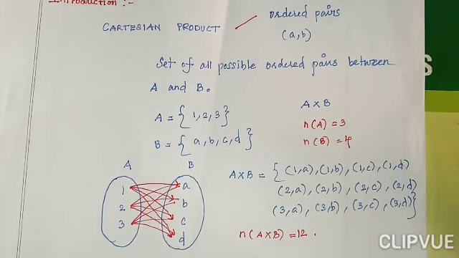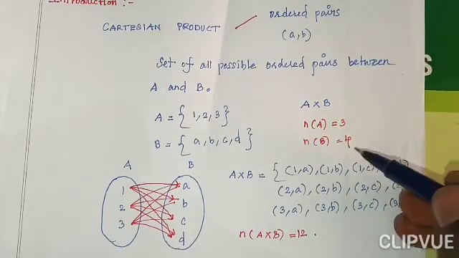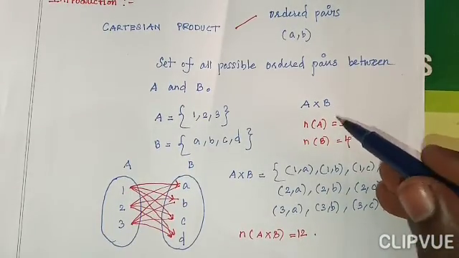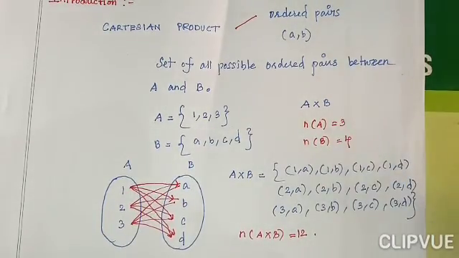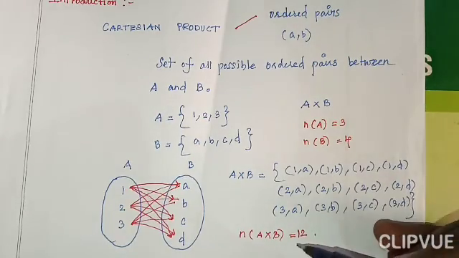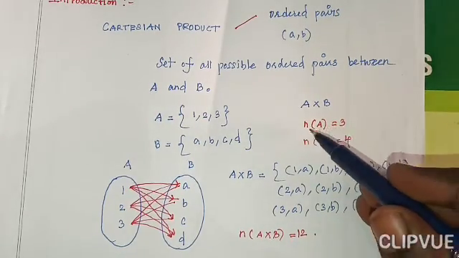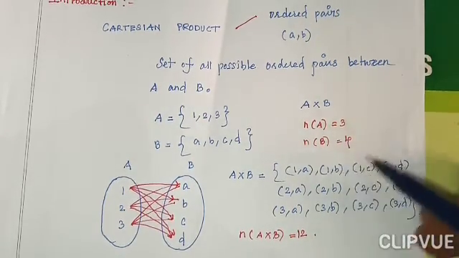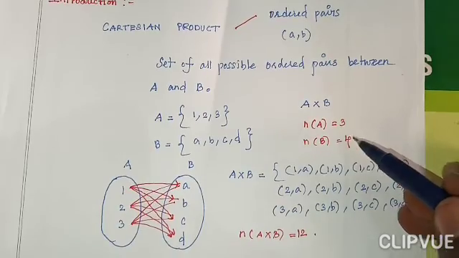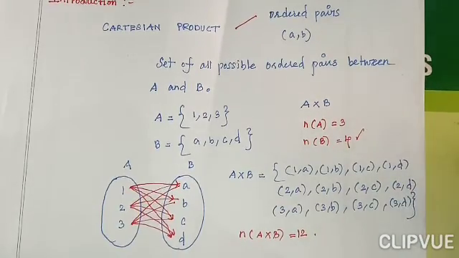We can find it easily. 12 divided by 4 gives 3, so there are 3 elements in set A. If n of A cross B equals 12 and n of A equals 3, how many elements are in set B? Divide by 3, there are 4 elements. It is the formula.